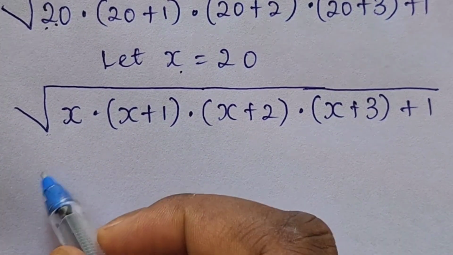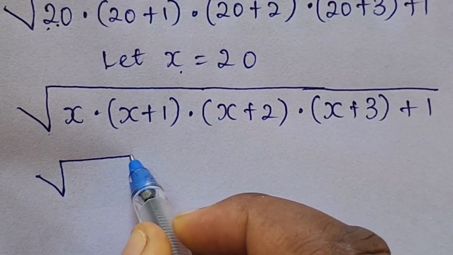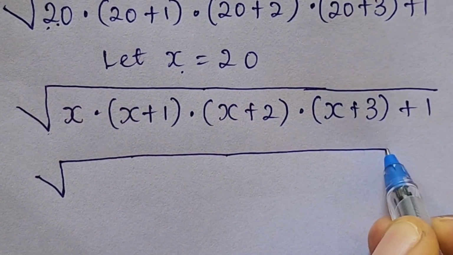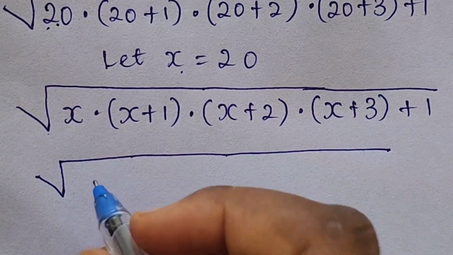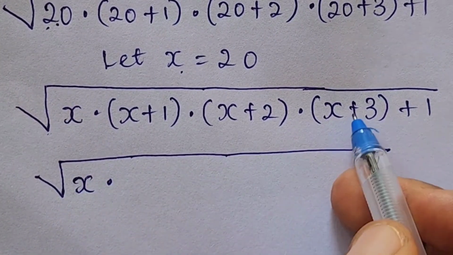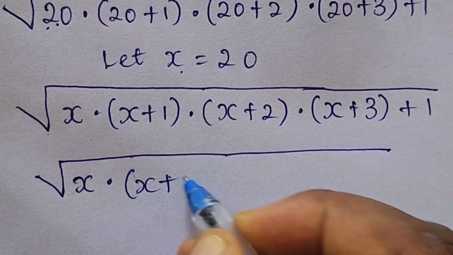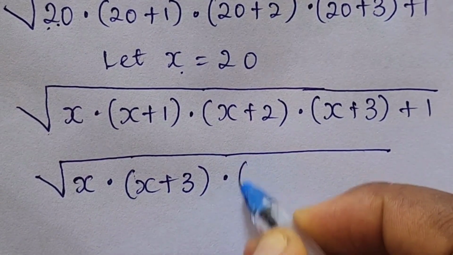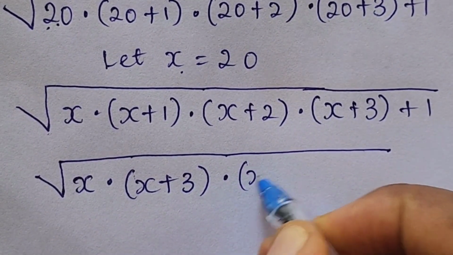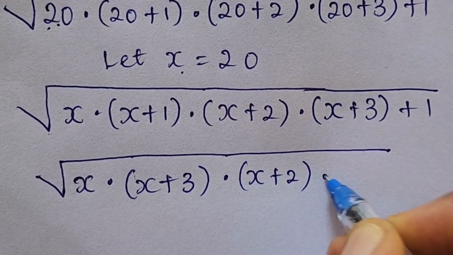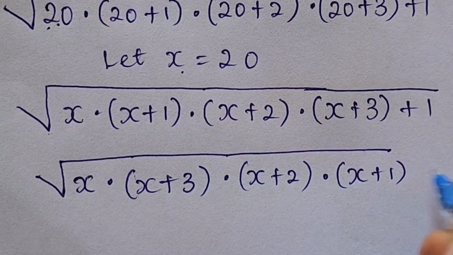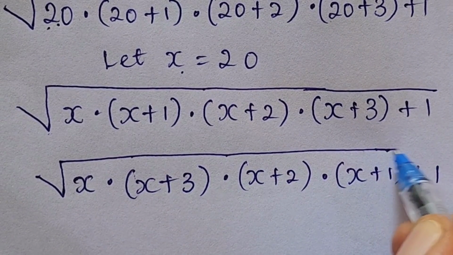So we can rearrange this to have x times x plus 3, times x plus 2, times x plus 1, and we have plus 1.